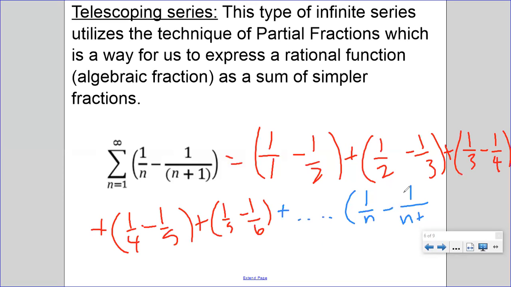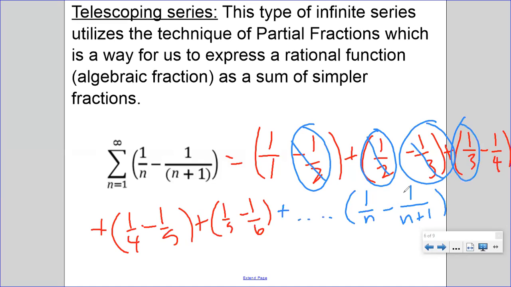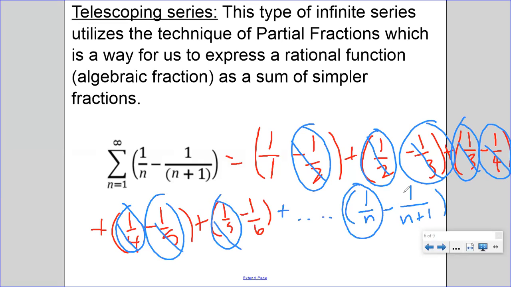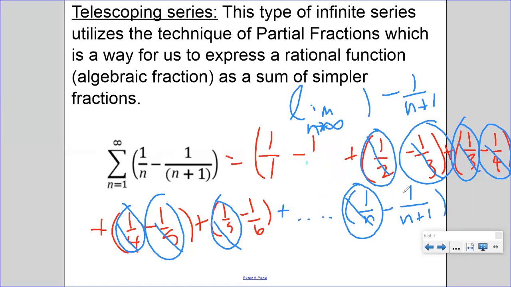Essentially the second part of the term cancels out with the beginning of the next term. And so these will cancel out, these will cancel out, these will cancel out, and it keeps going. And eventually what's going to end up happening is you cancel out the 1 over n as well. And you're left with 1 minus 1 over n plus 1, which is great because we're saying, hey, let's do this for infinity, right? Let's say, what happens if this approaches infinity?